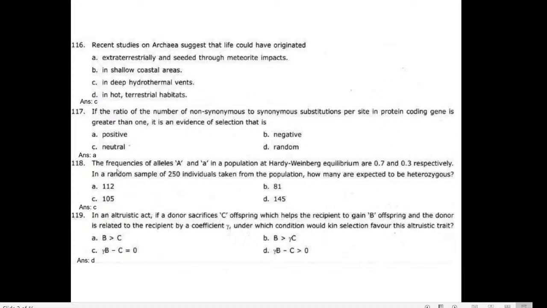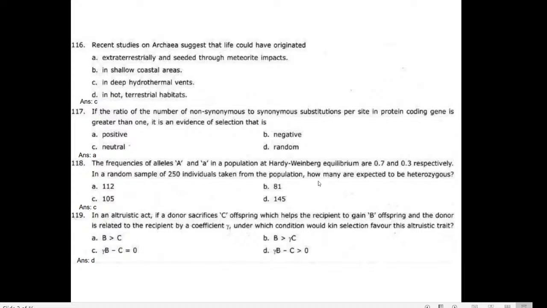Then the next question: the frequency of alleles capital A and small a in a population at Hardy-Weinberg equilibrium are 0.7 and 0.3 respectively. So allele A has a frequency of 0.7, and small a has 0.3. A random sample of 250 individuals is taken from the population.